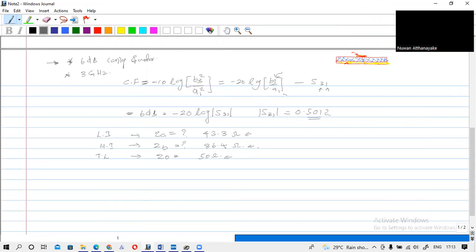You can find those equations in the microstrip chapter. I am not going to use the equations, these are very large equations, but using a calculator, simply you can calculate the value. You have to substitute the value into that equation and you can find the necessary parameters. It is also not a big deal.